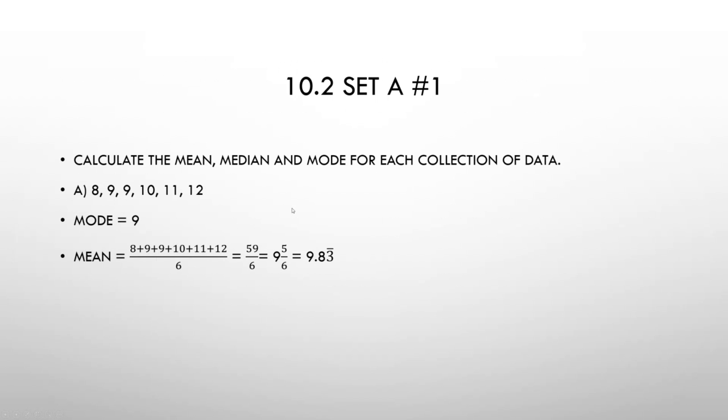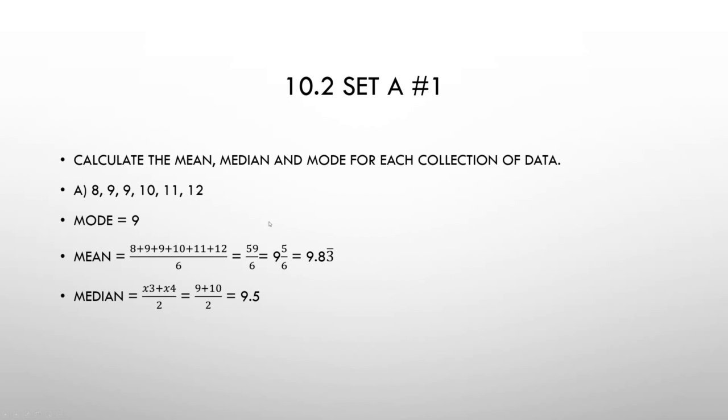To find the mean, I'm going to add up all my numbers, and because there are 6 numbers, I divide by 6. When I add up my numbers, I get 59, so I take 59 divided by 6, and I could write that as the mixed number 9 and 5/6, or I could change it into a decimal. It will be a repeating decimal: 9.83333, so 9.83 repeating.